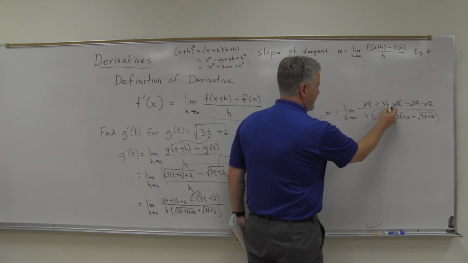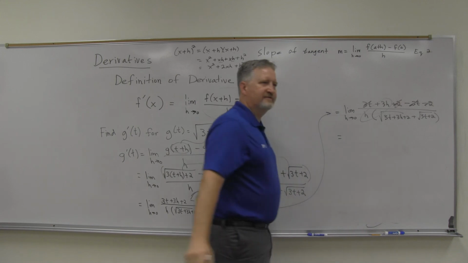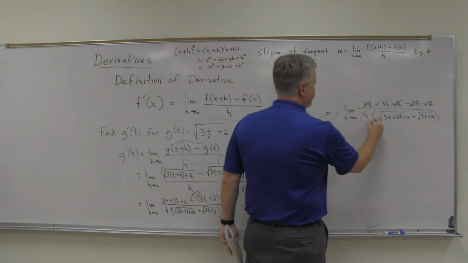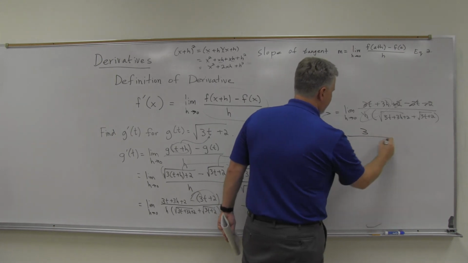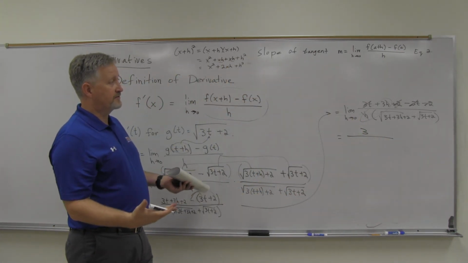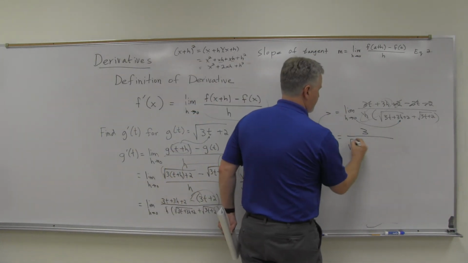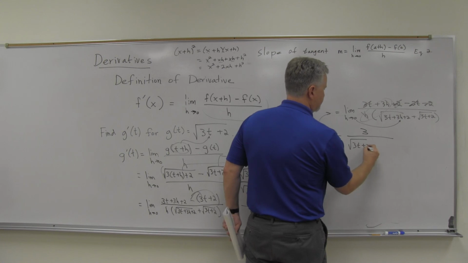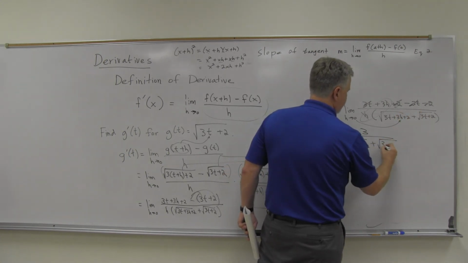But that h and that h, since everything else is gone, I can cancel those h's out, can't I? Let me rewrite it. So the top's just going to be 3. Now the bottom, I can make h be 0 because the bottom no longer is 0 if I do that. But h goes to 0, so isn't that the square root of 3t plus 2, that first one, because the h is 0, plus the square root of 3t plus 2.